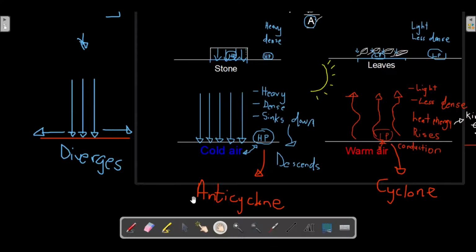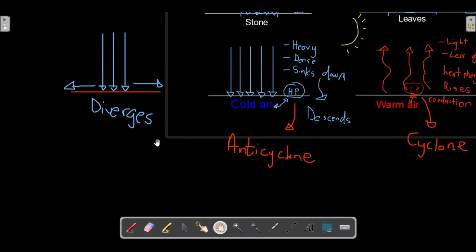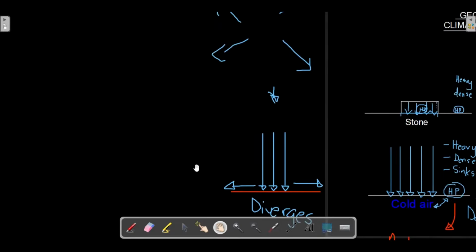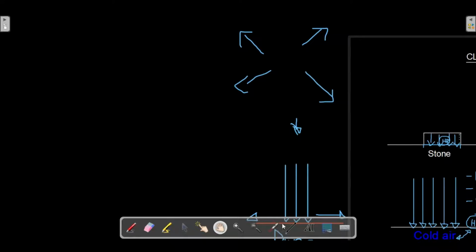Now we have a principle that is very important in climatology. We say that air always moves from an area of high pressure to an area of low pressure.